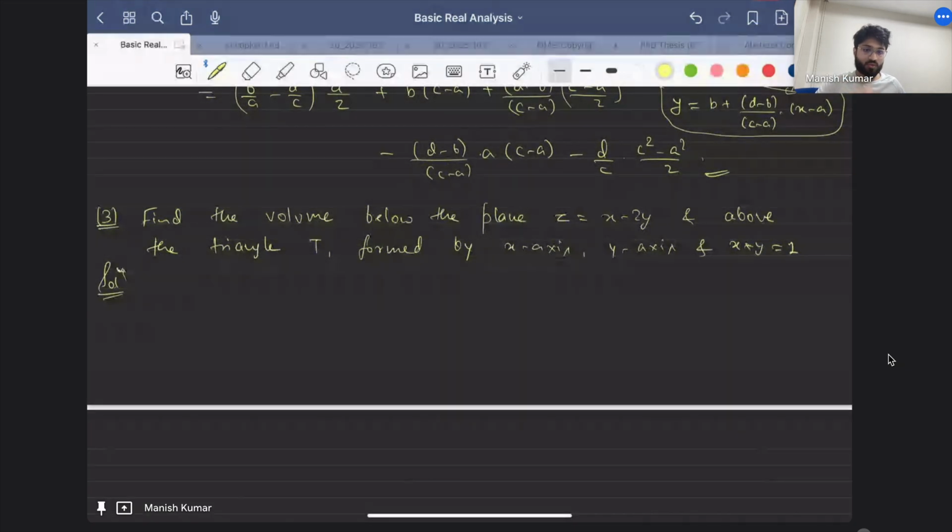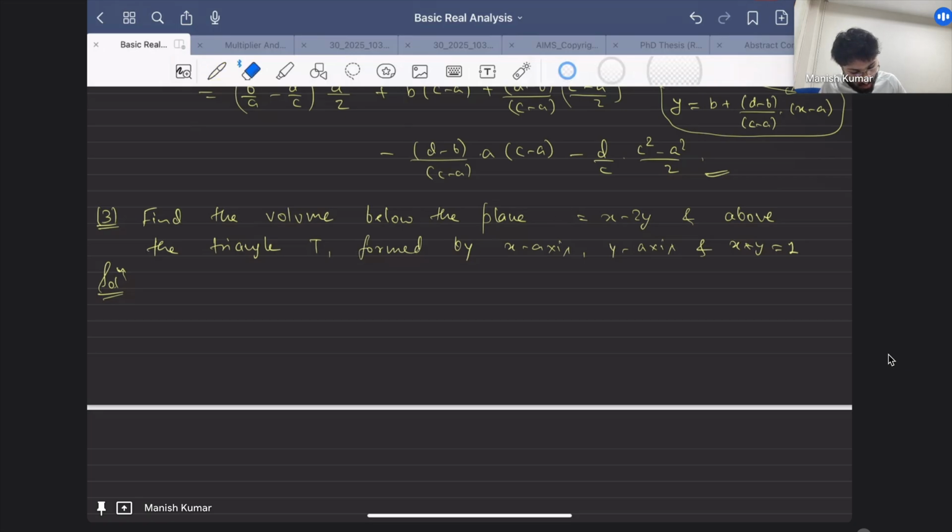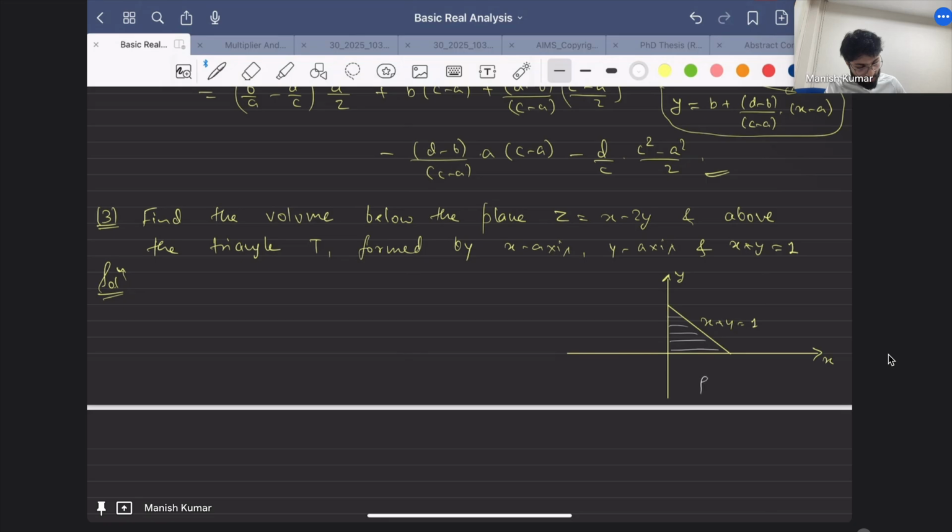So suppose you can treat this as a function. First let us see what this triangle is. Suppose this is x, this is y, and this is x plus y equals 1. The question is saying that this is the domain of some function, and the function is f of x,y equals x minus 2y.